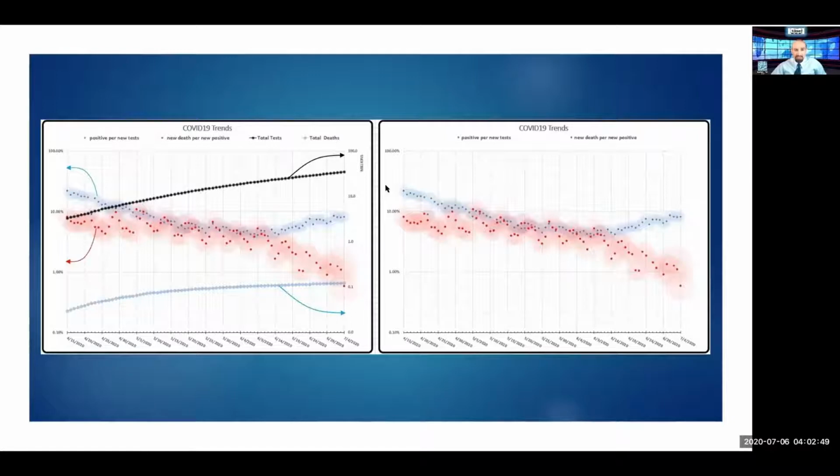As you can see here, even though the total tests and the total fatalities are monotonically increasing, we see that the number of positives per new tests and the number of fatalities per new positive are taking different forms and shapes, even though these two curves are increasing monotonically.